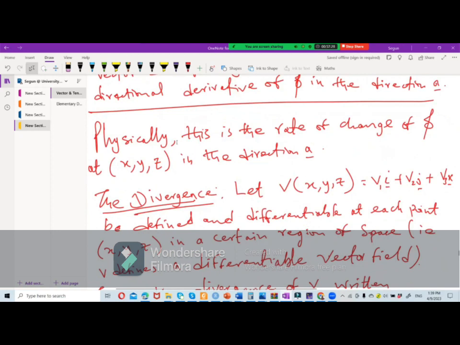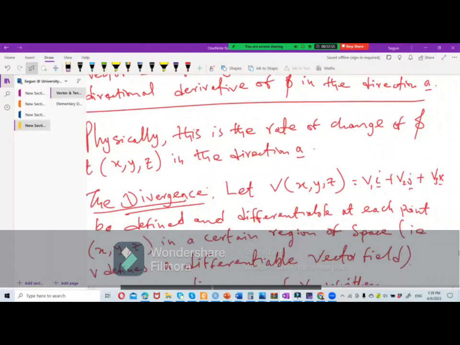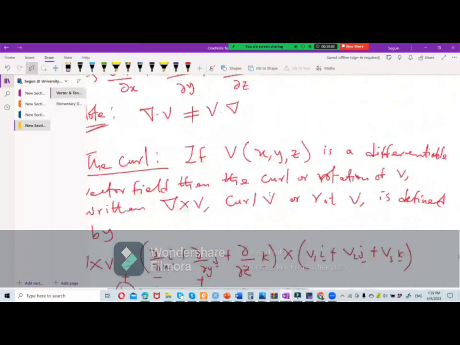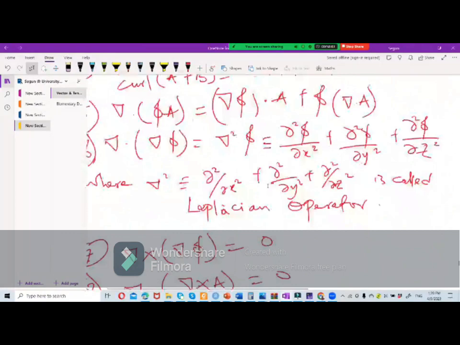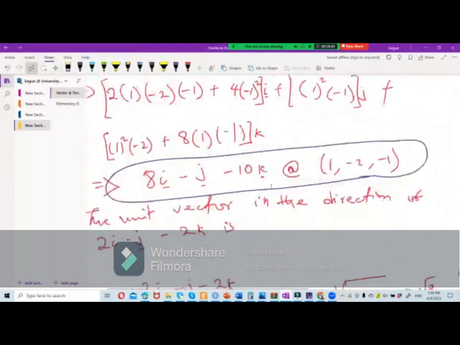Physically, this is the rate of change of phi at the point x, y, z in the direction A. So what we are doing is still the same thing as the definition that I gave earlier before some of us joined the class. So we are still on course.